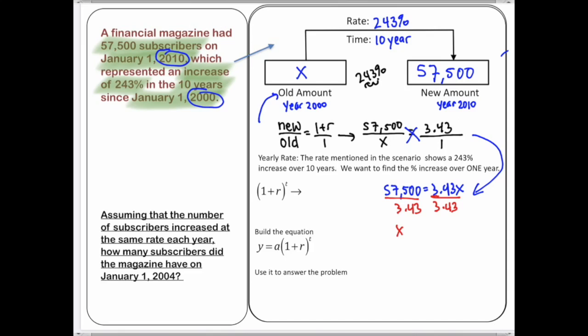Now, this is x equals, and this is where we are going to use kind of like our common sense in mathematics. Since these represent subscribers, we can't have a partial subscriber.